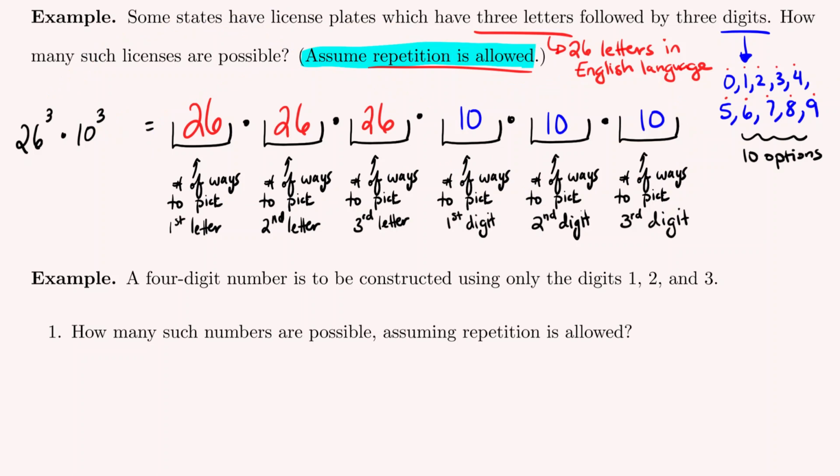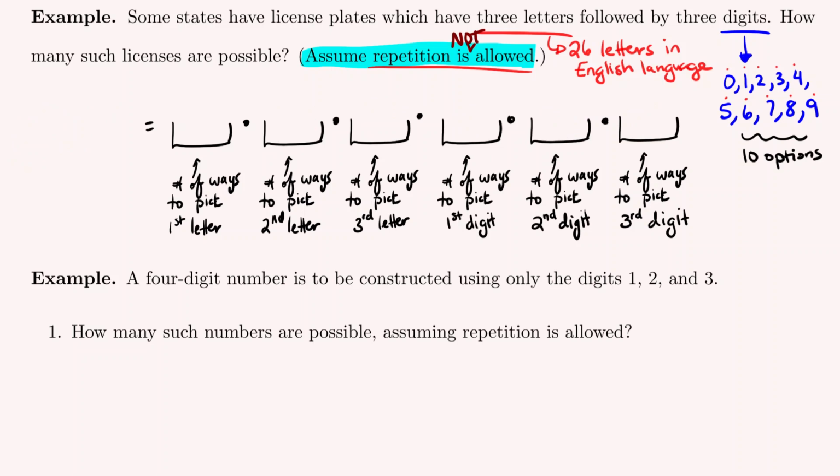For additional practice, let me now change the problem slightly, and let's see how that would change the way the problem's solved and how many options would be available to us. The change that I want to introduce, and if you want, write this on a separate piece of paper, it's a new problem, is now repetition is not allowed. And that's the only change I'm going to make. It's still going to be a license plate made up of 3 letters followed by 3 numbers.